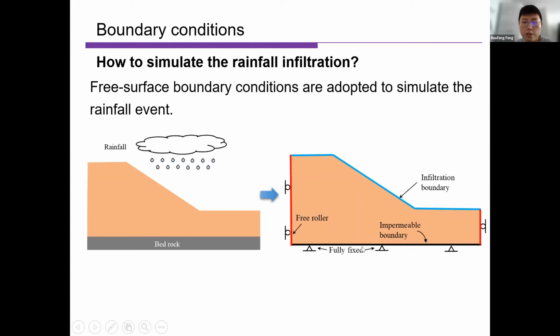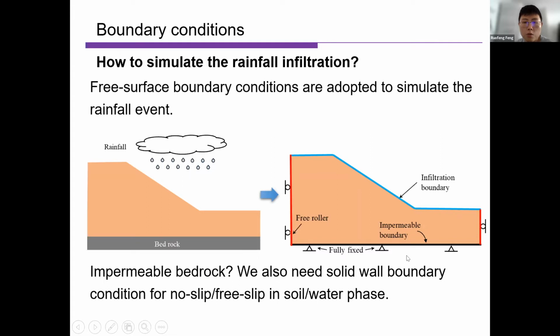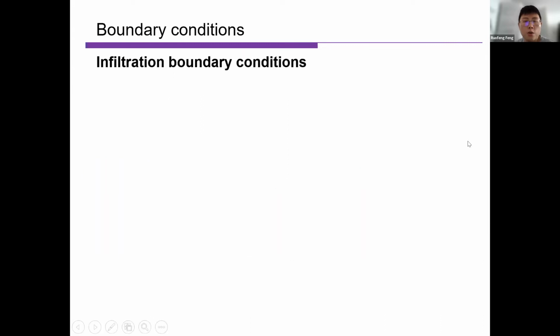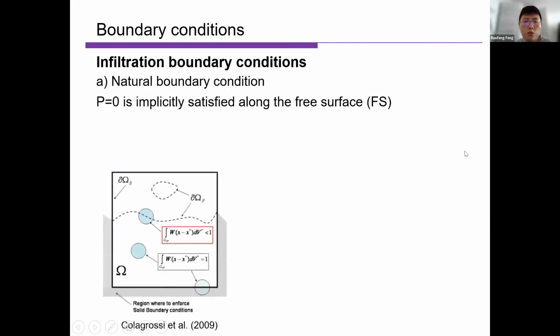As we can see here, we apply an infiltration boundary on the free surface for the water inflow, and for the impermeable bedrock here, we use a solid wall boundary condition, with no slip and free slip for both soil and the water phase. For the infiltration boundary condition, we could consider using the lateral boundary condition because zero pressure is implicitly satisfied along the free surface.